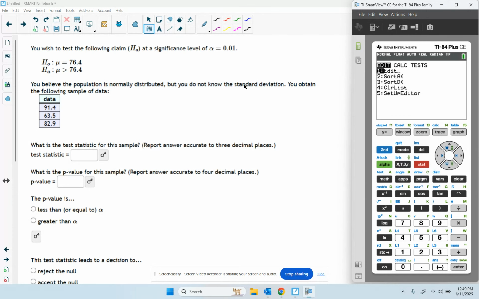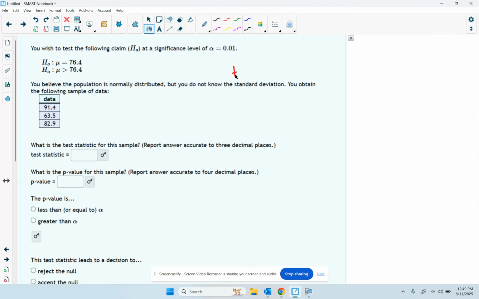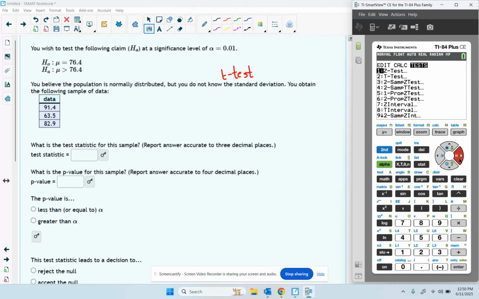We do not know the standard deviation, so this is going to be a t-test. We don't know sigma, so we're going to run a t-test. So we'll go to tests, t-test, and now I'm actually inputting data. So I'm going to click on the data option and then just fill everything in. My mean is 76.4, my null mean.